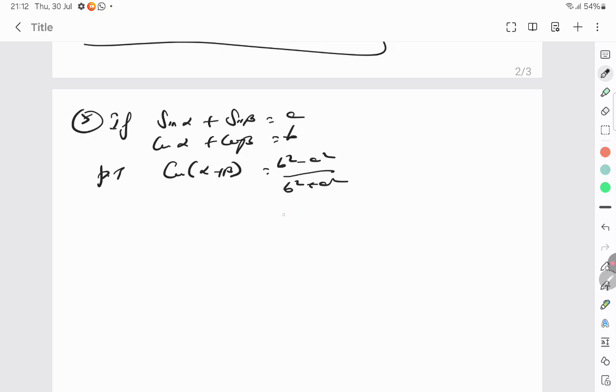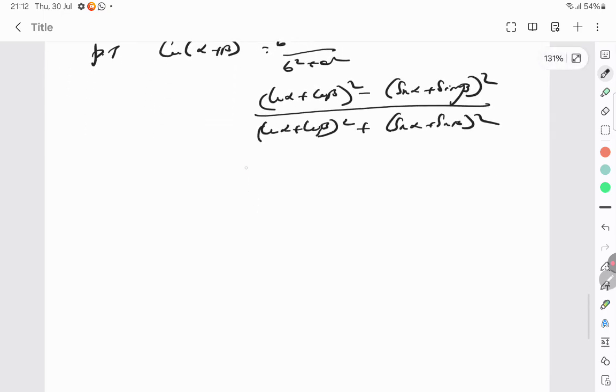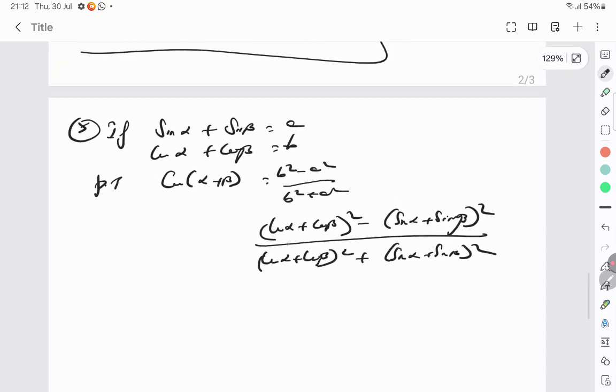What is B square? Which is (cos alpha plus cos beta) the whole square minus (sin alpha plus sin beta) the whole square, by (cos alpha plus cos beta) the whole square plus (sin alpha plus sin beta) the whole square.